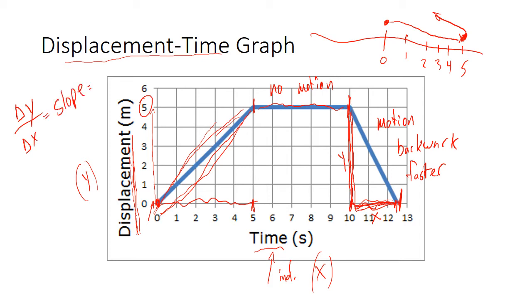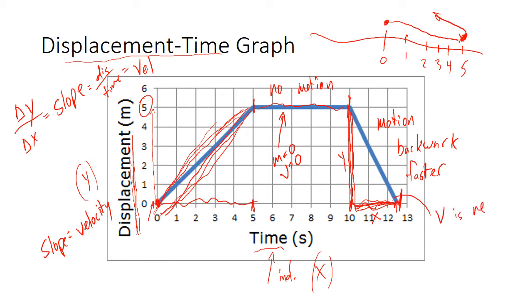In our case, the slope is the change in y, which is displacement, divided by the change in x, which is time. Now displacement over time is equal to velocity. So what we know from this is that your slope is going to equal your velocity. That's why you have some velocity here, because you have some slope. Here, I'm going to use m for slope, because y = mx + b. Your slope is equal to 0, so your velocity is equal to 0. And in this one, your slope is negative, so your velocity is negative.